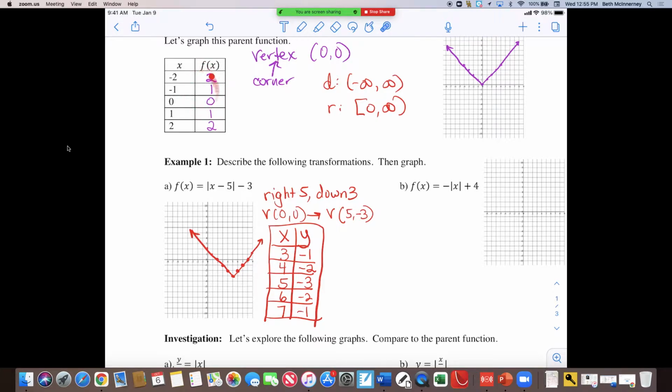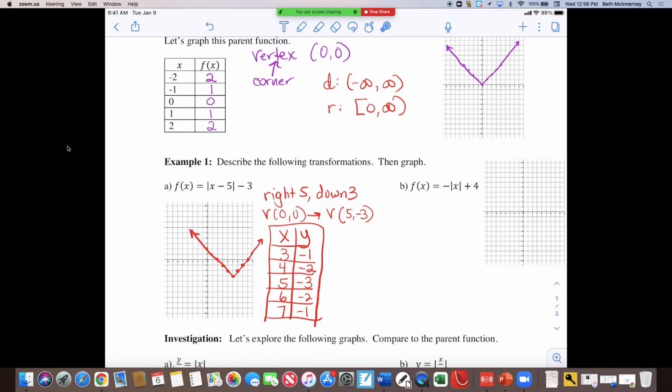These are my table. So I'm saying from the parent graph, y equals absolute value of x, I took every x value and I moved them right 5. So -2 plus 5 is 3, -1 plus 5 is 4, 0 plus 5 is 5, and then I took the y values and I subtracted 3. 2 minus 3 is -1, 1 minus 3 is -2, 0 minus 3. Do you see that? Yeah.